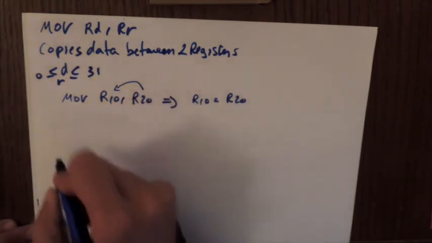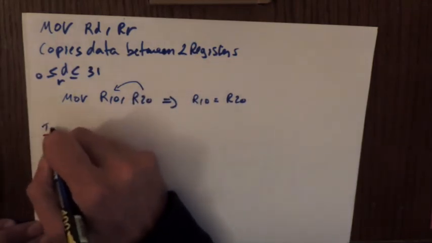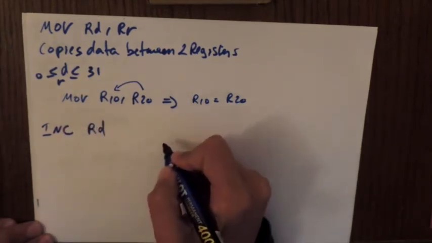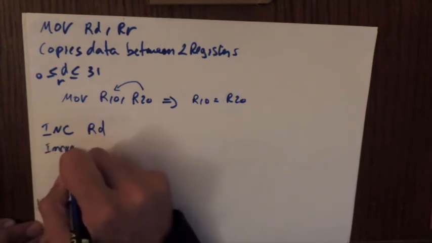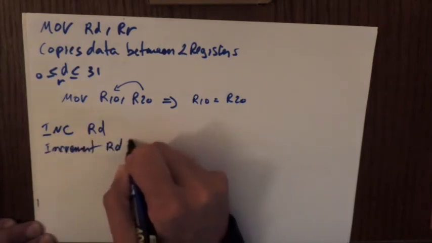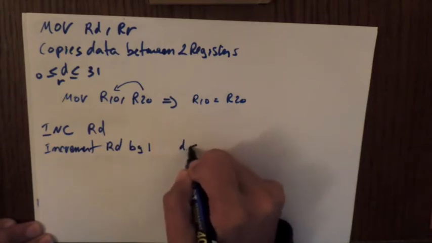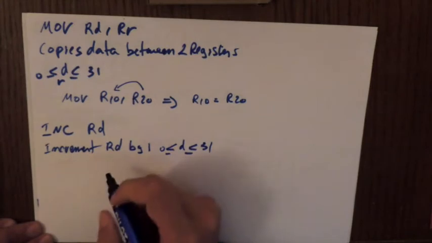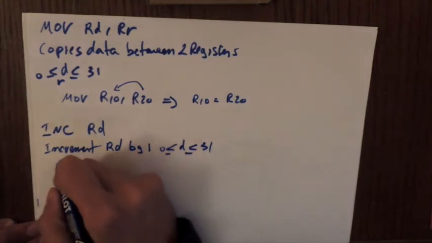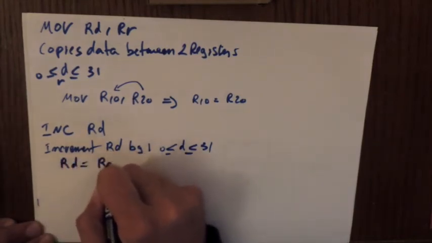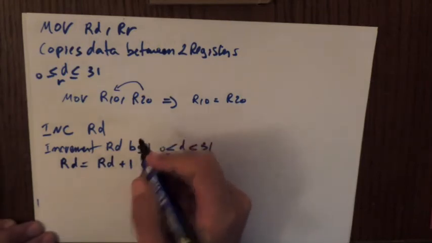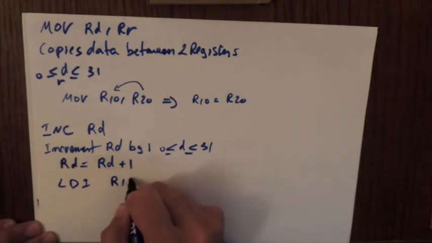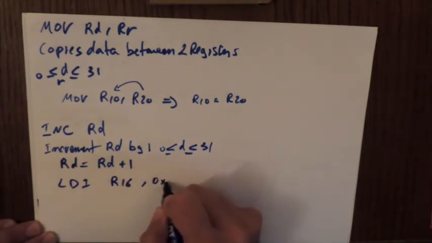Another instruction that is useful is the increment instruction, and it just takes one register, RD, and it increments RD by 1, and D of course can be between 0 and 31, which is any register in the GPR, and we can write it like this: RD is equal to RD plus 1. A small example, for example, is LDI R16, 0x00.